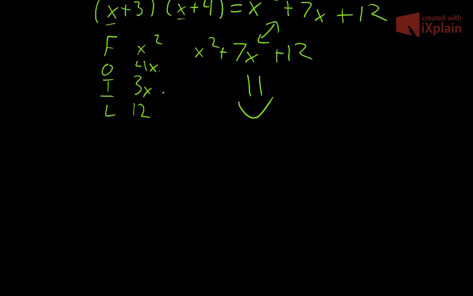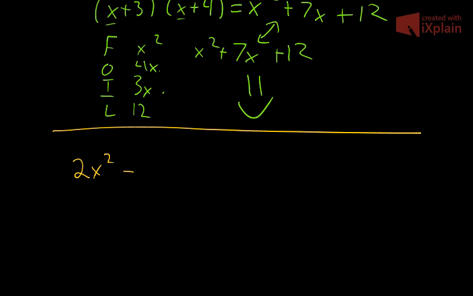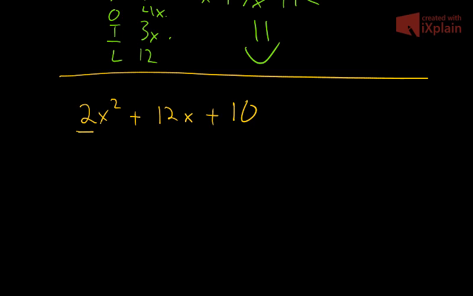I also showed you guys a nifty trick for solving some easy problems when that first number isn't 1. So if we have something that looks like 2x squared plus 12x plus 5, not 5, that should be a 10. I'm sorry about that. Let's write that as a 10. How I would solve this is by factoring out this 2.